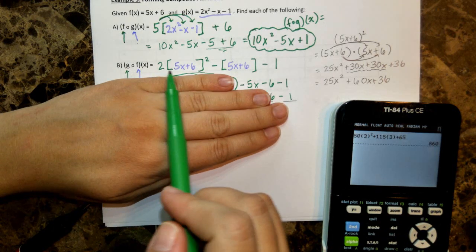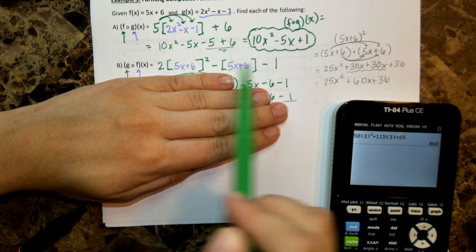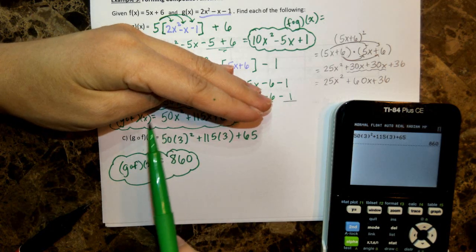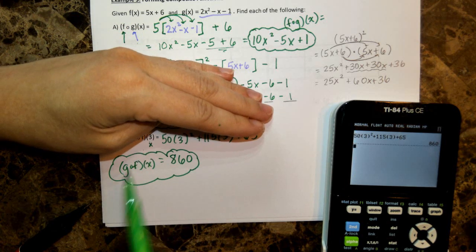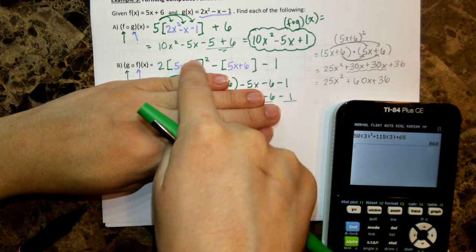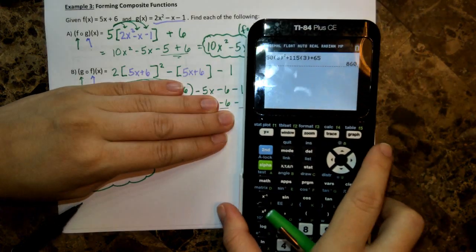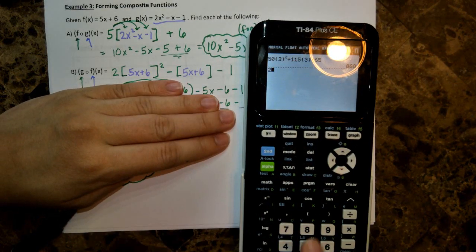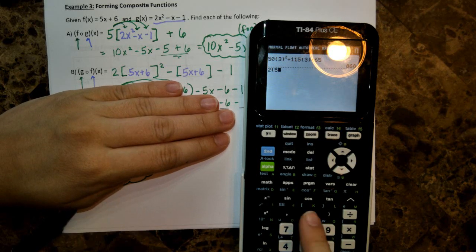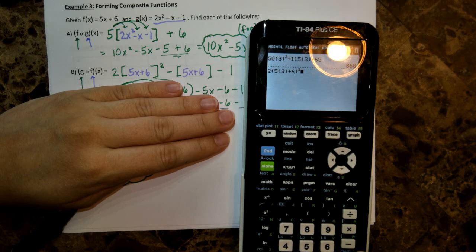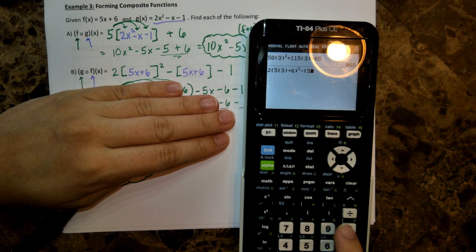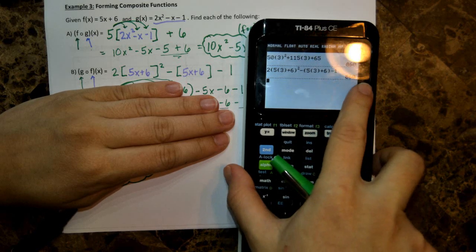Let's say we didn't want to simplify, and the next part asked you to figure out what is g of f of 3. You could have taken this answer and plugged in 3 for every x. You could have taken 2 times 5 times 3 plus 6 squared minus 5 times 3 plus 6 minus 1, and you'll get the same answer.